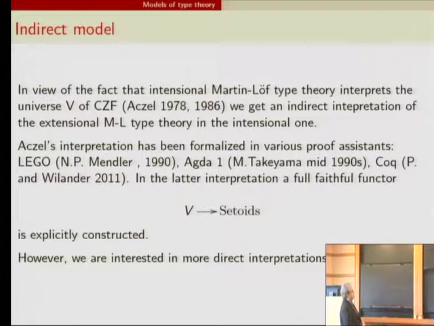We could use CZF and Aczel's model of CZF. That's a universe formed by W types in type theory, and so in principle we could formulate the whole theory of CwAs inside ZF, and then use the interpretation back to type theory to get our model.